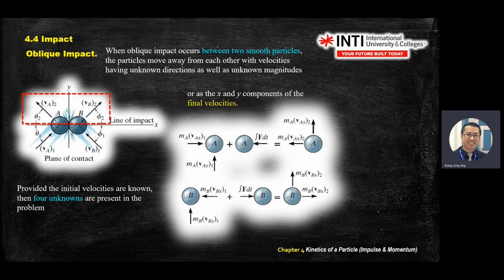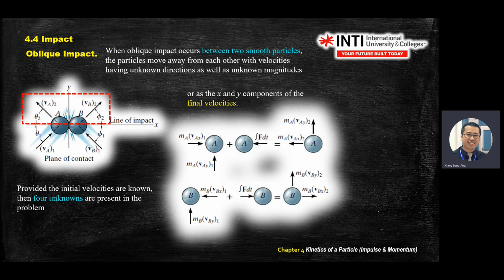So in this case, you solve this kind of question, the oblique impact, by splitting the velocity vector into x and y axis, including the force. When it comes to oblique impact, you solve the question by splitting all the vectors inside your free body diagram into x-axis and y-axis.